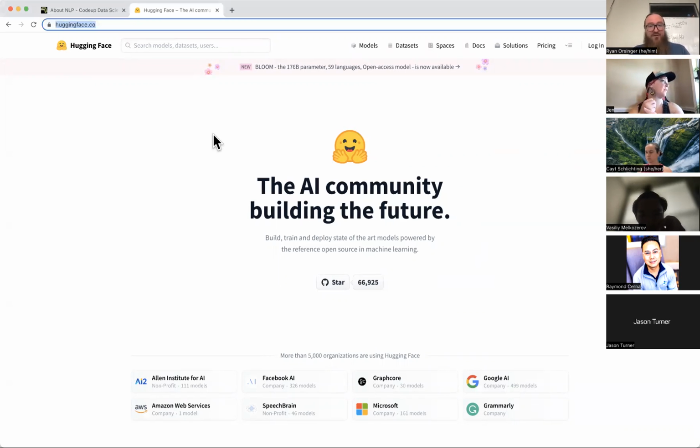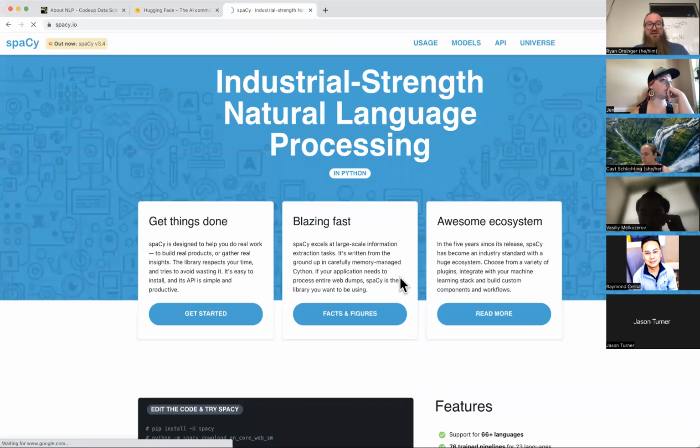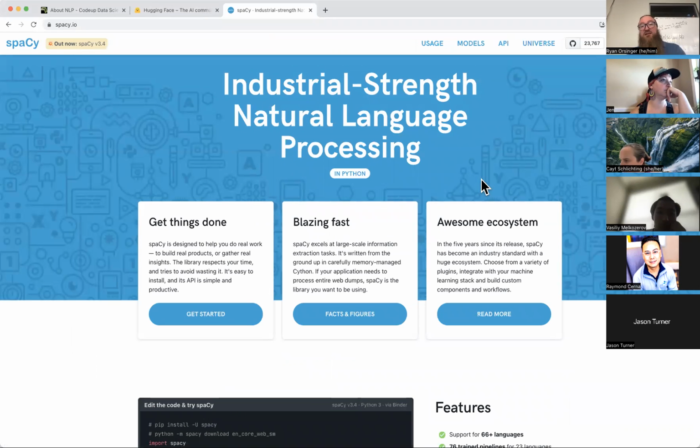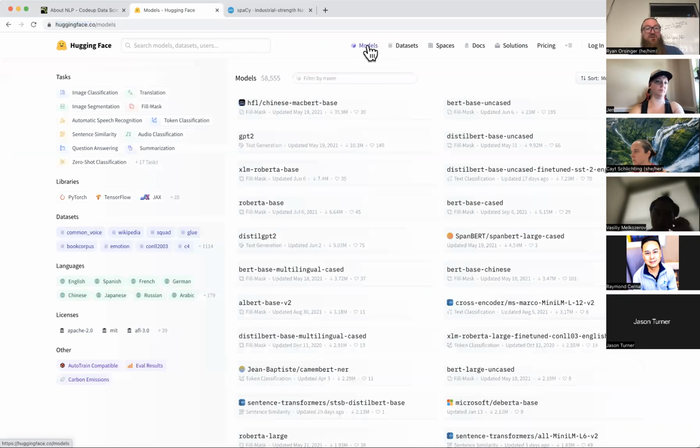This is above and beyond what's in the curriculum, but I do want to share Hugging Face and spaCy with y'all. Between Hugging Face and spaCy, you can just blow the doors off. It's wild. Hugging Face just has a huge repository. If you want pre-built models, there's 58,000 pre-built NLP models on Hugging Face.